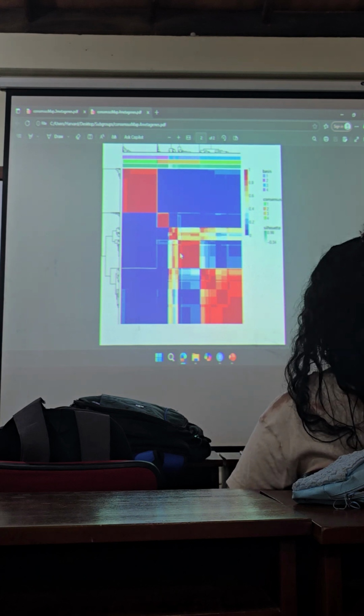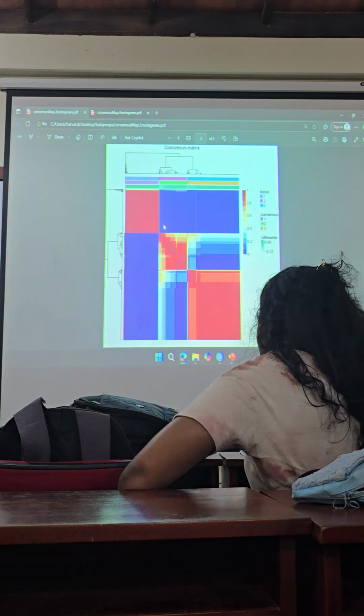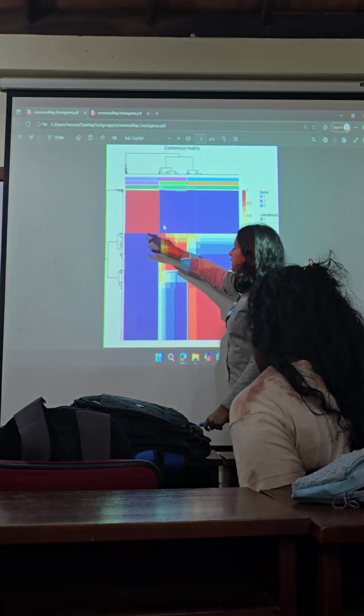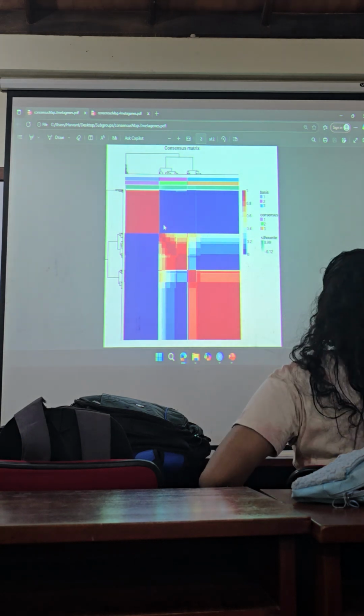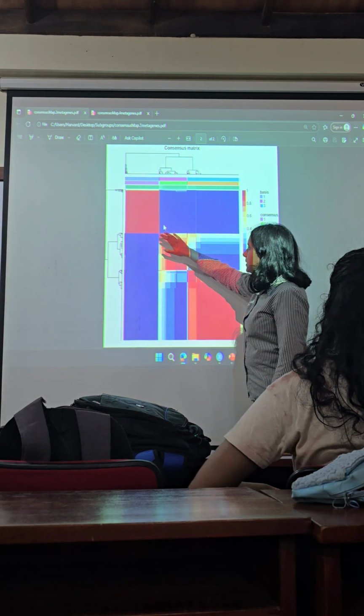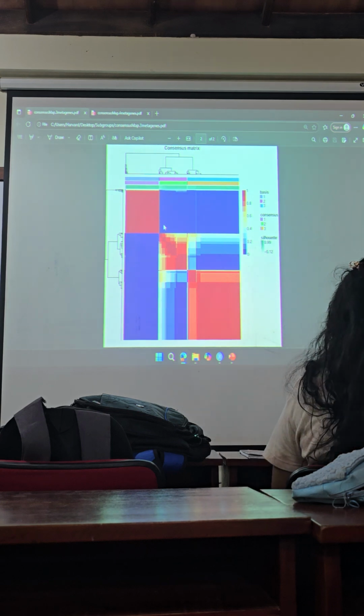So how do you check the number of groups here? You check for the definition of the groups. The more defined it is, the more possible that that is the number of groups present.